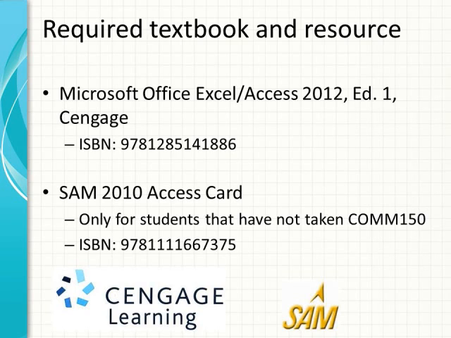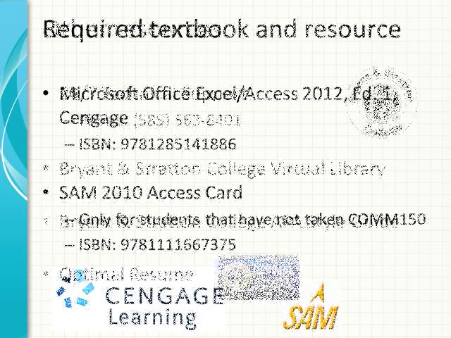Your previous access card is still valid. But if you've never accessed SAM 2010, you'll need to purchase a SAM Access card, and it's important to note that each of these is sold separately. They're not bundled together. So be sure that you purchase our textbook, and if you need to, also purchase our Access card, which is sold separately.